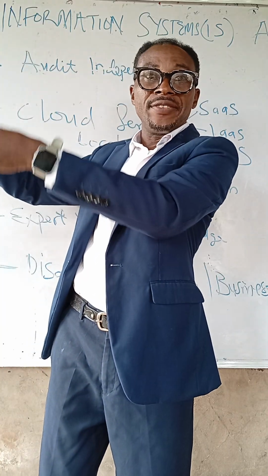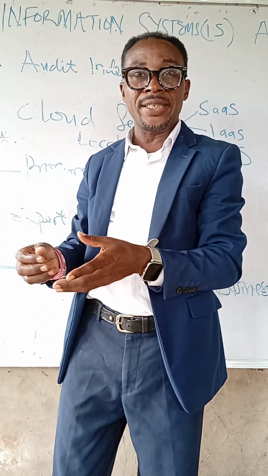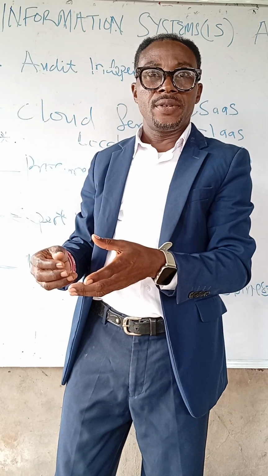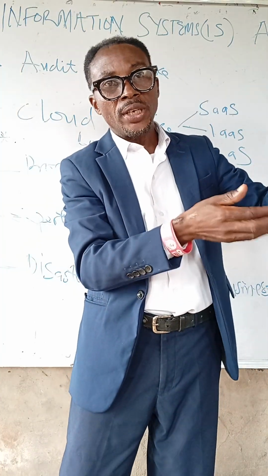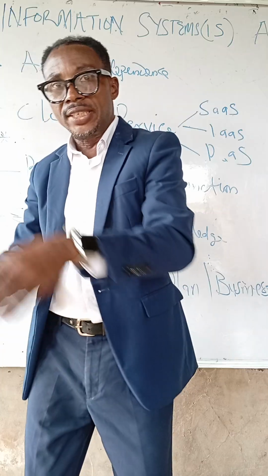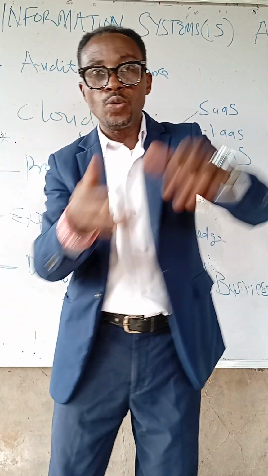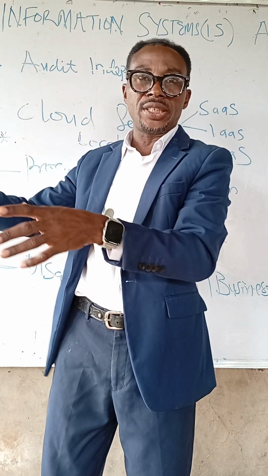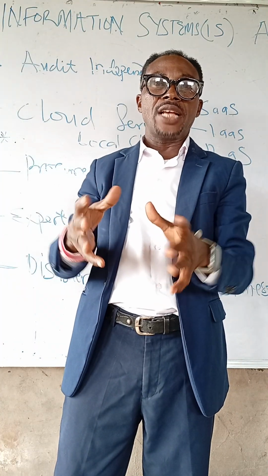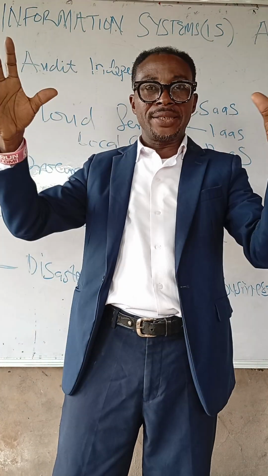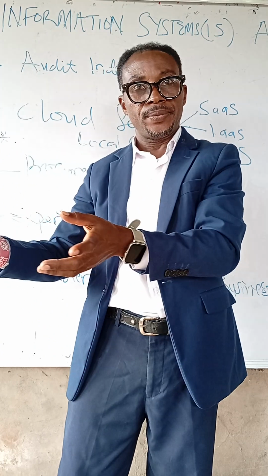They call it alternative sites. And this is the first set of things that we'll do. This is the next set of things that we'll do. This is who we need, and all those things. They will go into that document. That's what we call the business continuity plan document.